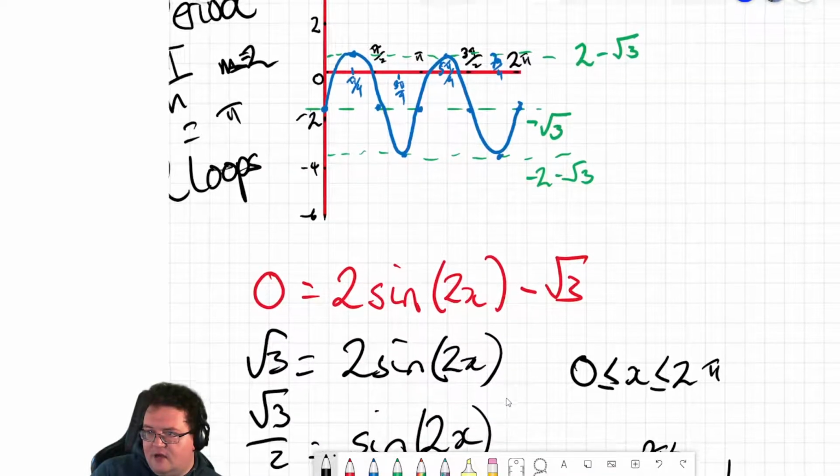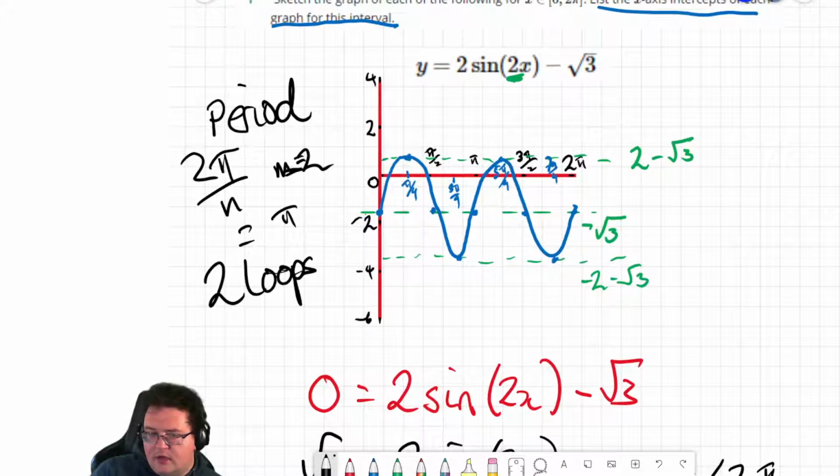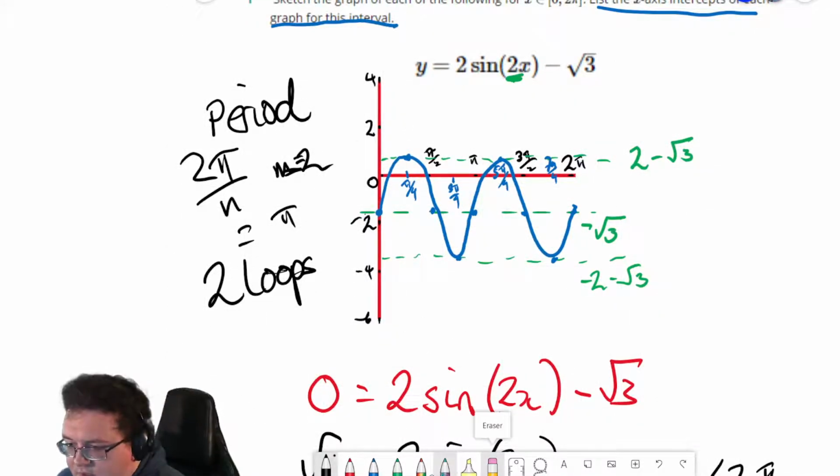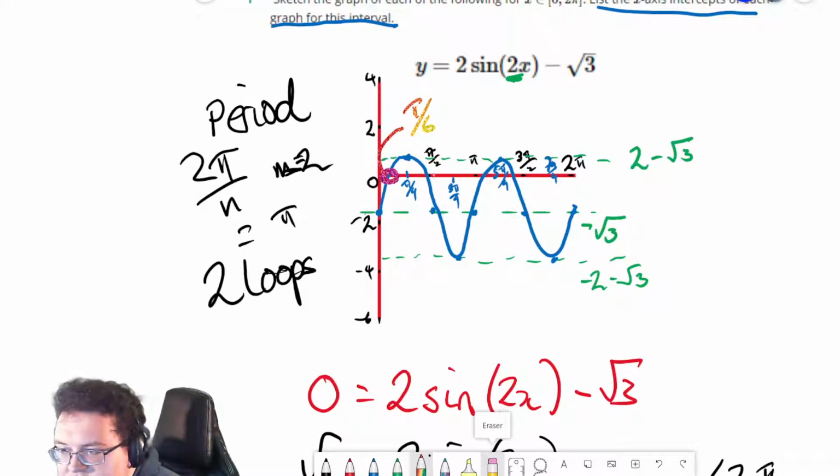So if I go up here and look at my graph, I need to be very careful about how I mark this. There. That is pi on 6.